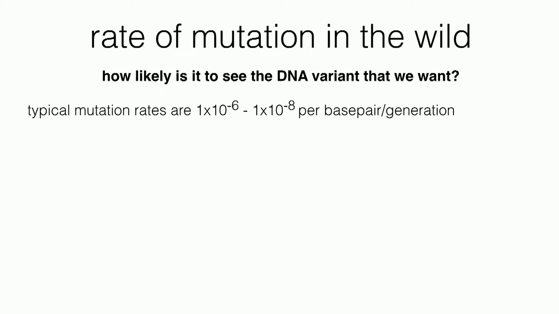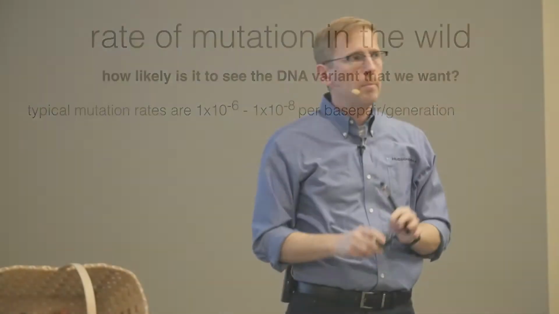There is a 0 point and then a whole lot of zeros before you get to the number. So another way to think about it, roughly speaking, those of you that are math whizzes, hang with me. You'd need 1 million to 100 million seeds to find a mutation in the specific gene that you're looking for. That is a lot of work if you're a seed breeder.